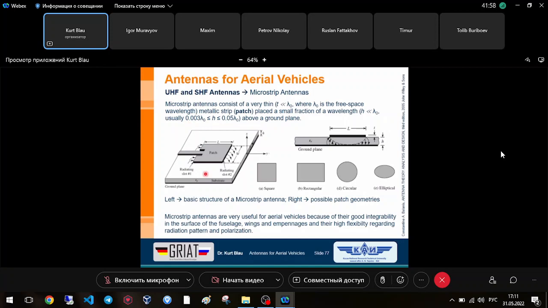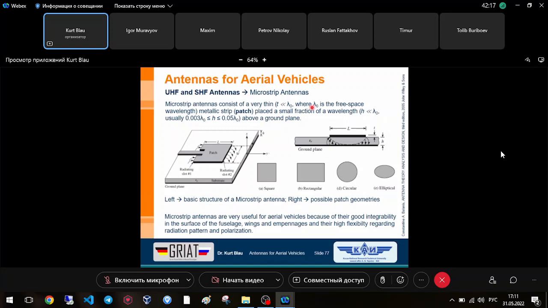And the substrate has a permittivity, which means the wavelength in the substrate is smaller than in free space. You can divide it by the square root of the relative permittivity.